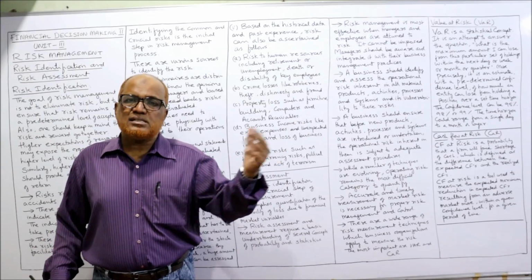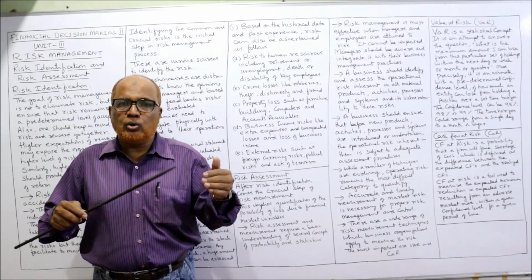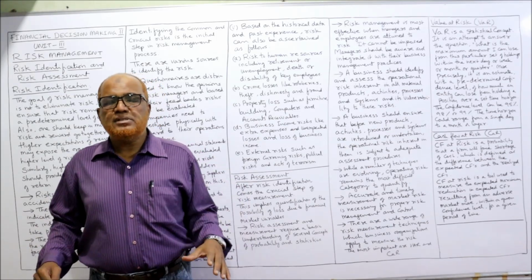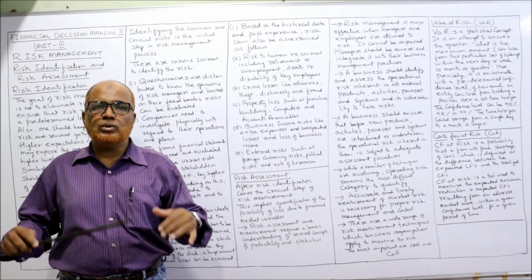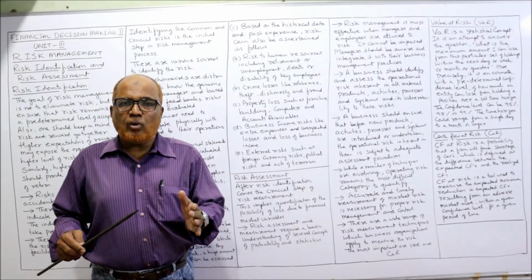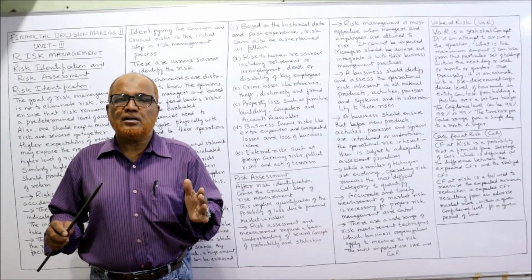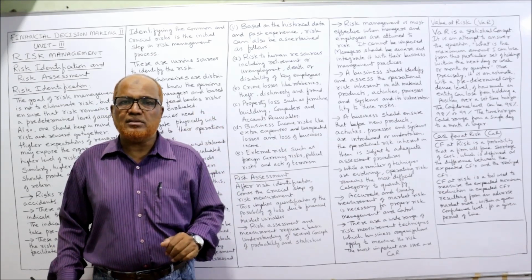Apart from that, interest risk, the government policies may change due to which there is a risk. So the business has to evaluate what are the effects to the business from these external factors, and before that the company should make some provisions so that these external losses should be minimized.